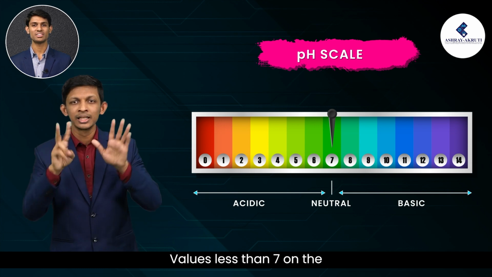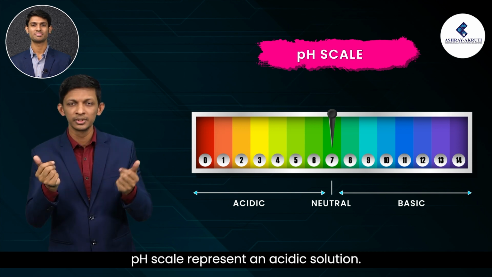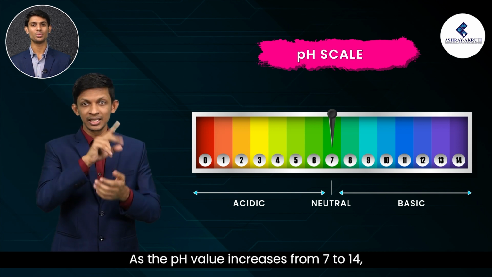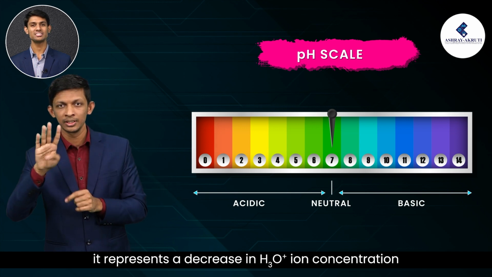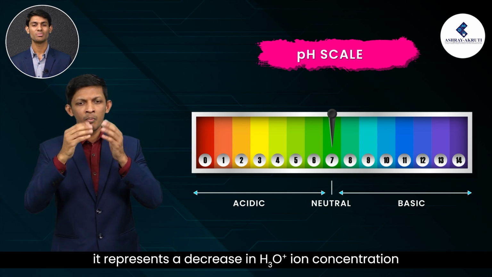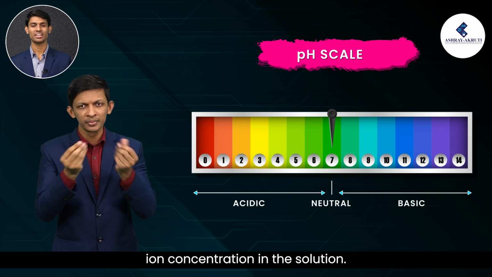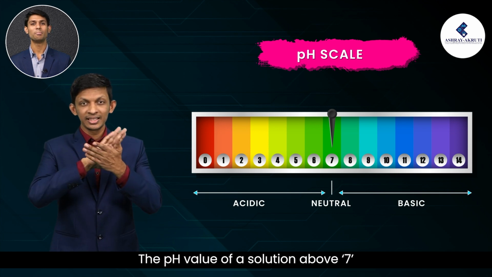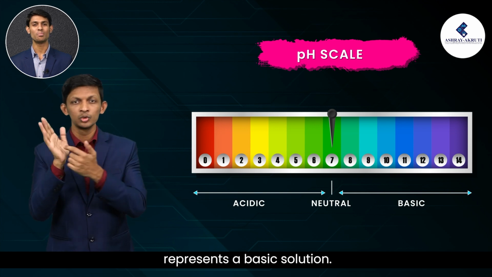Values less than 7 on the pH scale represent an acidic solution. As the pH value increases from 7 to 14, it represents a decrease in H3O plus ion concentration or an increase in OH minus ion concentration in the solution. The pH value of a solution above 7 represents a basic solution.